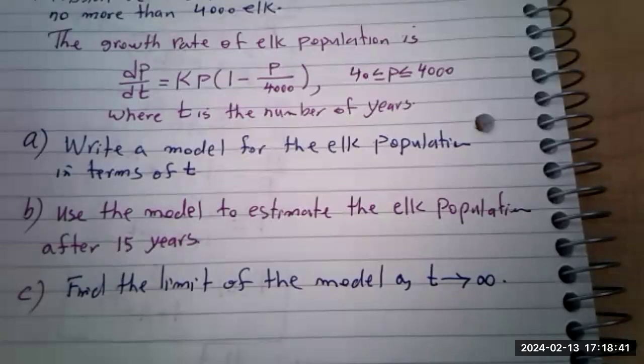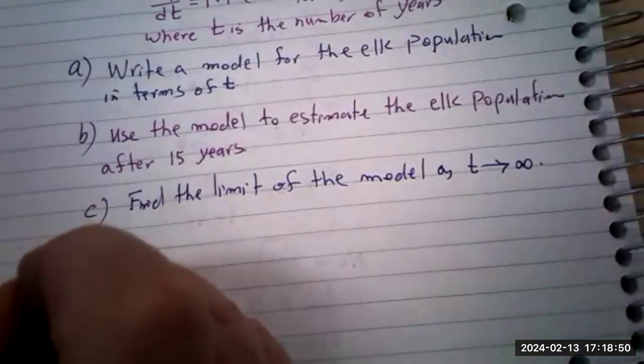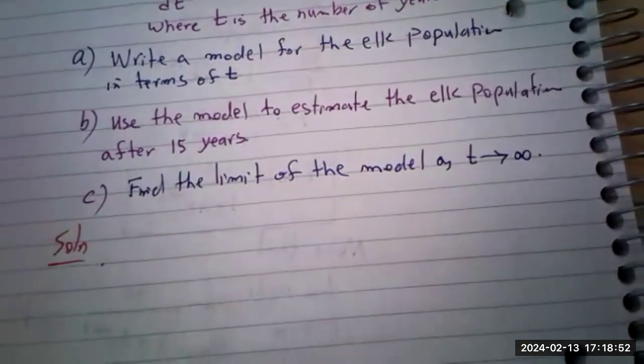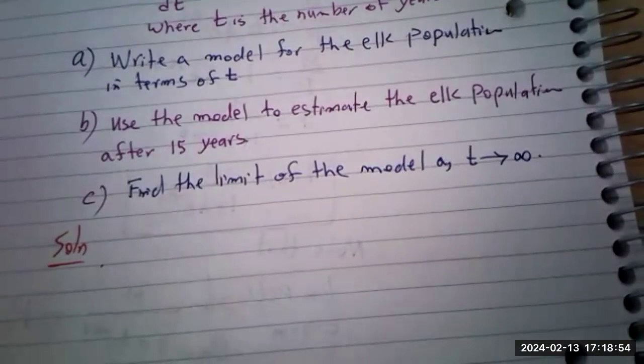So we identified that's a logistic equation, and we know the result of the logistic equation model. So the solution: the growth rate of the population is a logistic equation, and then we bring in a solution.